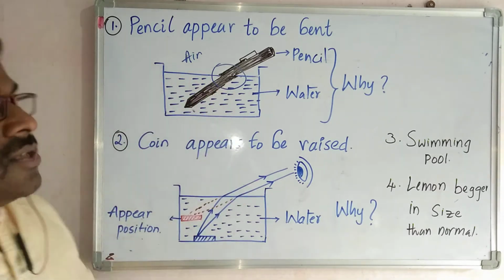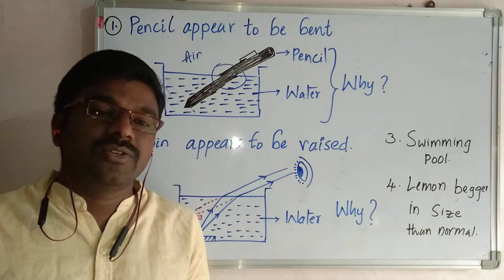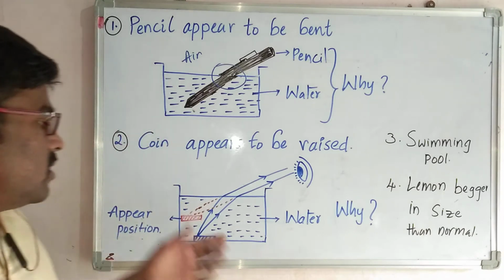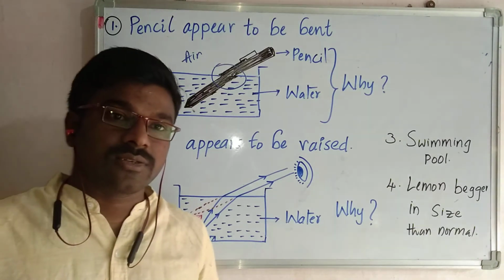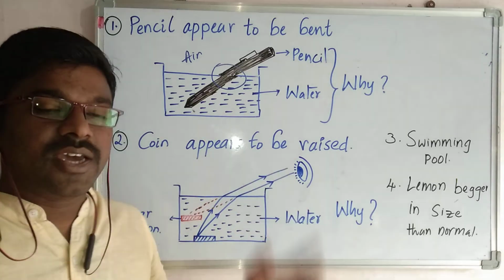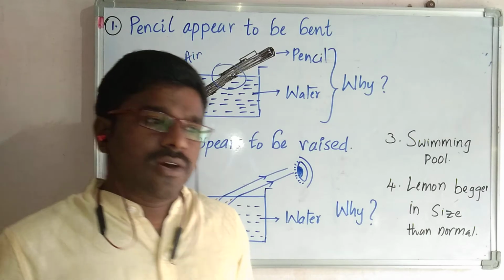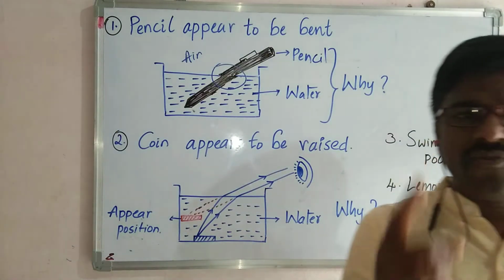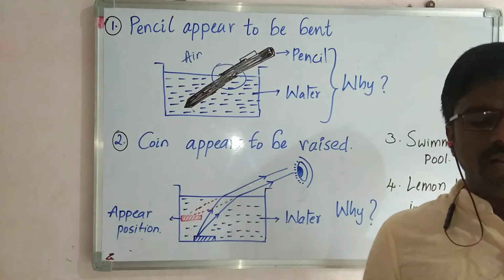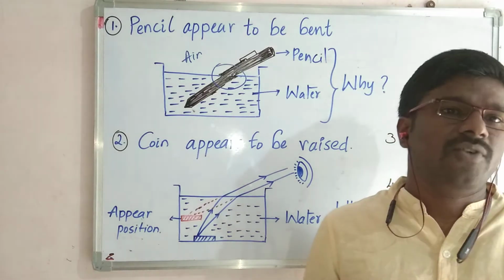Why does this pen appear to be bent at the two media? Why does this coin appear to be raised? For all these causes, for all these applications, there is one physical phenomenon involved.